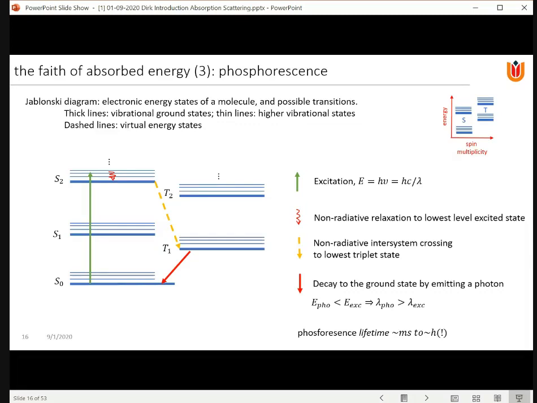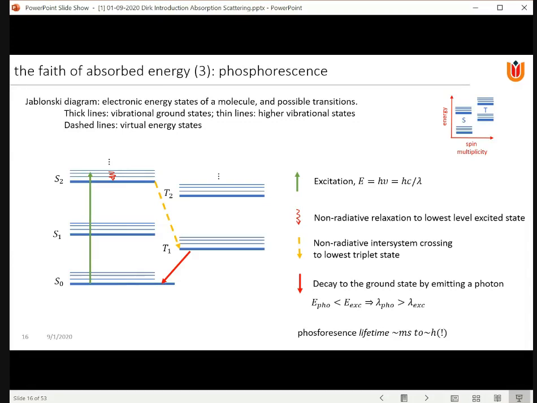But the peculiar thing about this is that the process takes much longer. So if a molecule gets caught up in this triplet state, it can stay there for much longer. It will be in this T1 state for milliseconds to possibly even hours before it finally emits that phosphorescent photon.